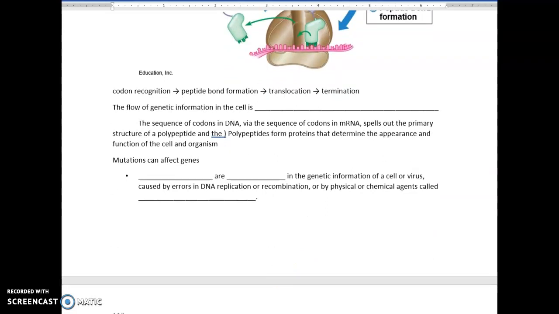So the flow of information here will have codon recognition, peptide bond formation, translocation, and then finally termination. The flow of the genetic information of a cell starts with DNA, goes to RNA, and finally to protein.